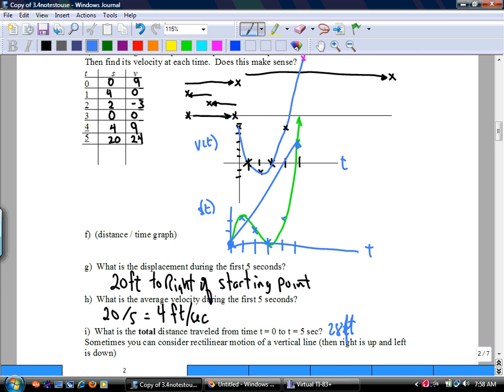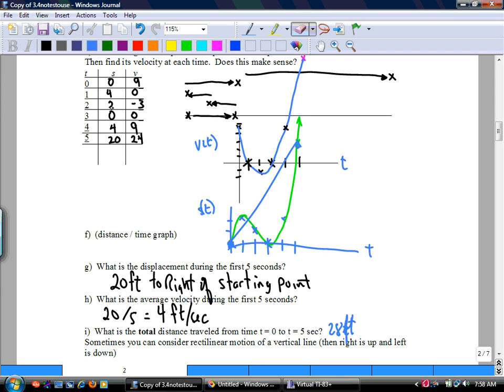Sometimes you consider motion on a vertical. Yeah, I guess you could. This graph. Yeah, well, 0 plus 4. No, that wouldn't work, because the left-hand motion here from 1 to 2 to 3 isn't accounted for.